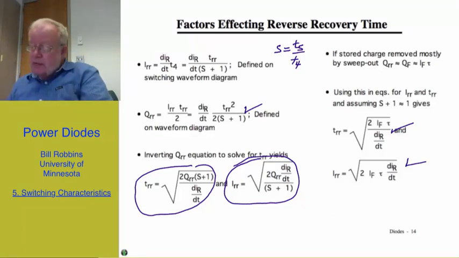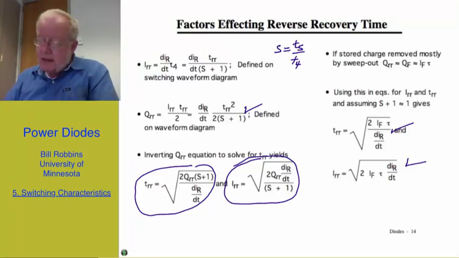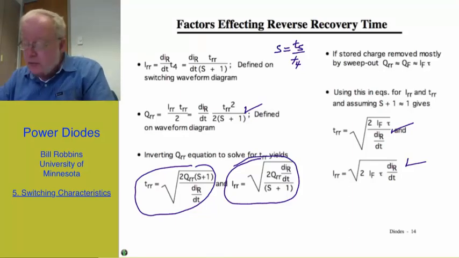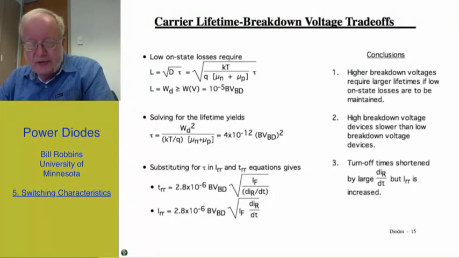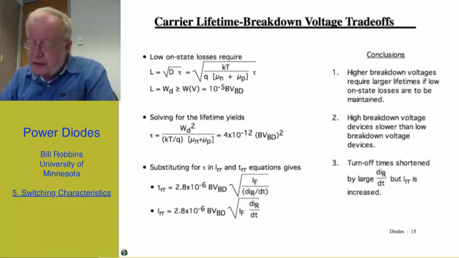These equations can be made even more useful to illustrate the carrier lifetime breakdown voltage trade-offs that have to be made by the device manufacturer. Low on-state losses require that the diffusion length be at least equal to the width of the depletion layer at breakdown voltage. So that means you want the diffusion length L to be equal to the drift region length, which has to be at least equal to, if not a little bit larger than, the depletion layer width at breakdown.